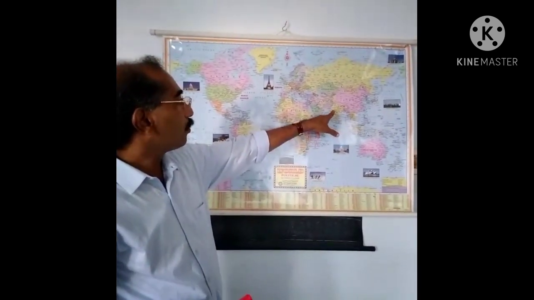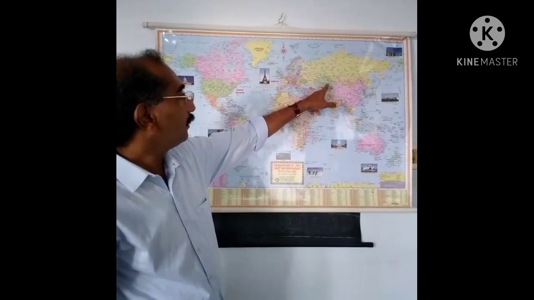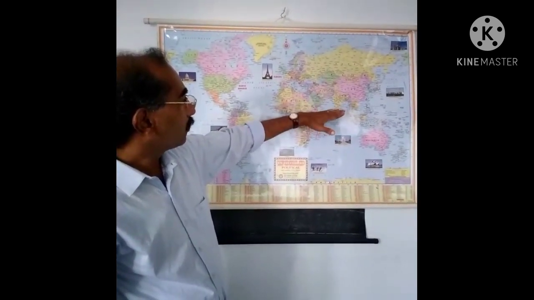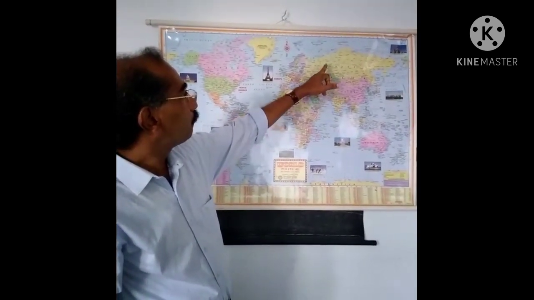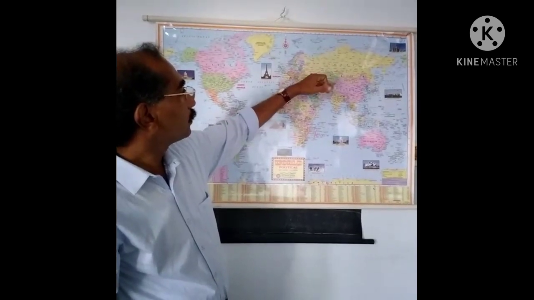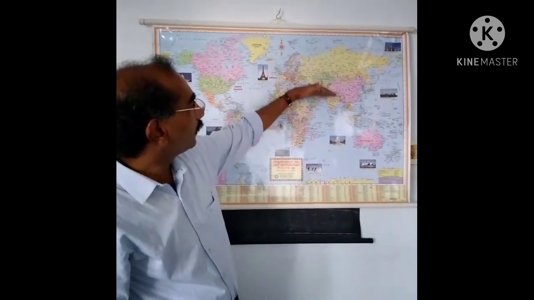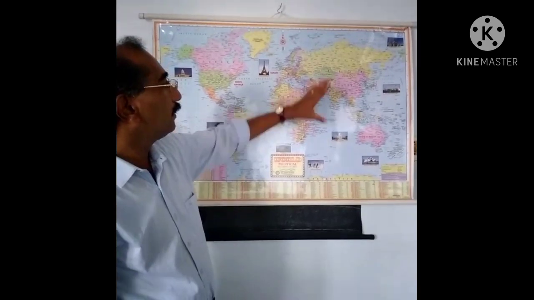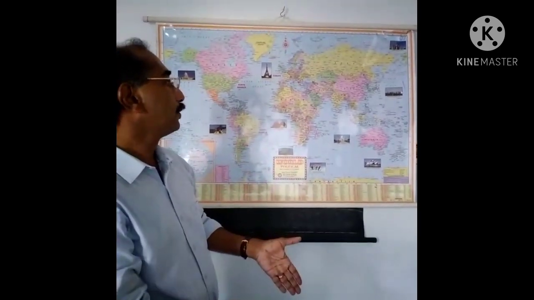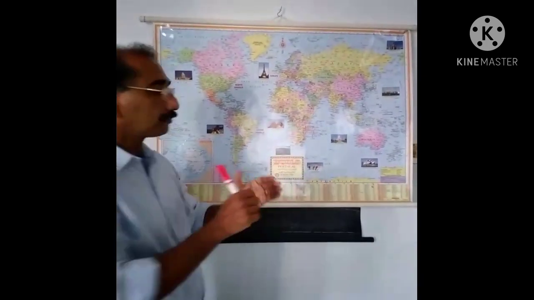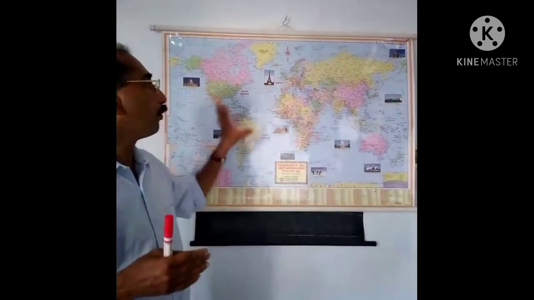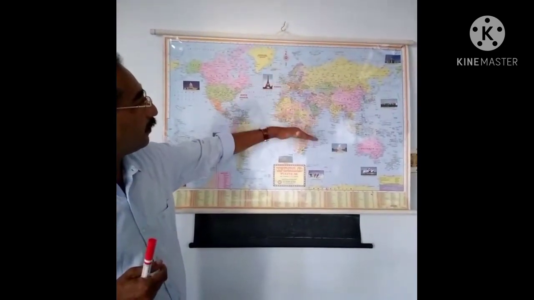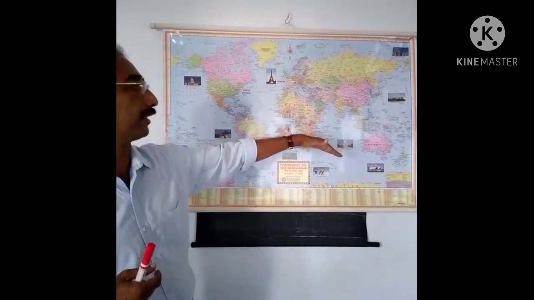The equatorial region will be hotter, 30° will be comparatively colder, and the polar region will be still colder, so there will be wind blowing in these sections because of the difference in heating. This is what is called uneven heating on the land. Because of the uneven heating, the wind is blowing.